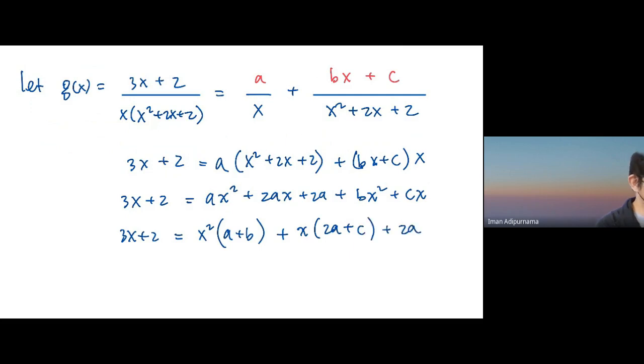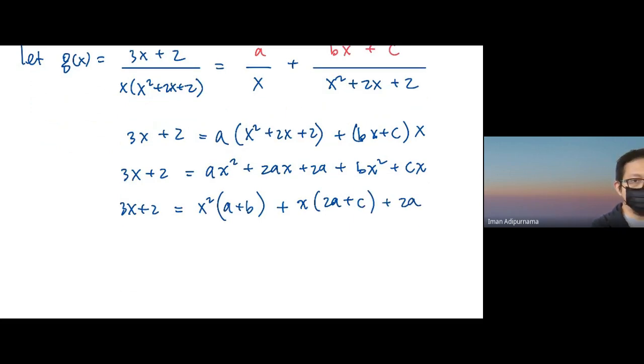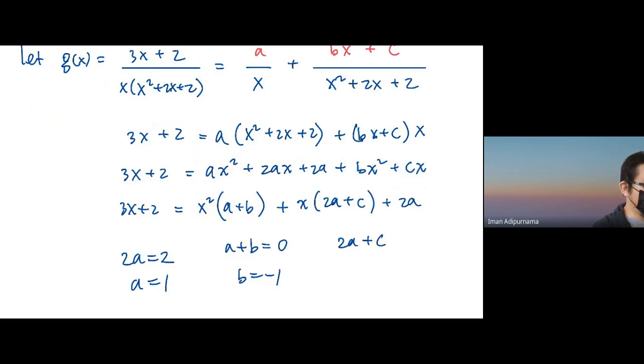Okay, I think we get A is 1, right? So 2A is equal to 2, A is 1. A plus B is 0, so B is negative 1. And 2A plus C is 3, so 2 plus C is 3, so C is 1.